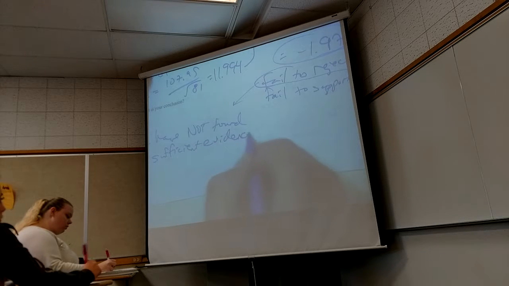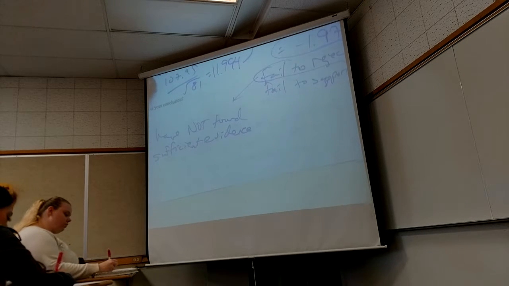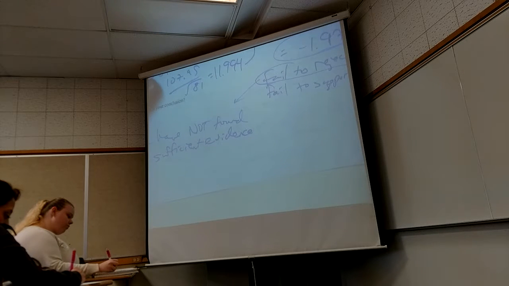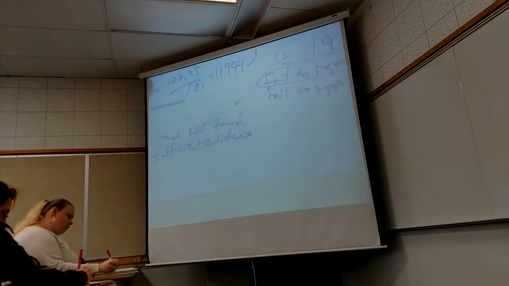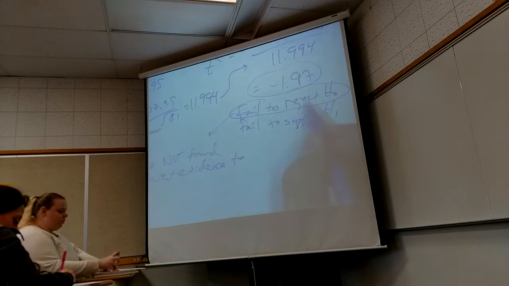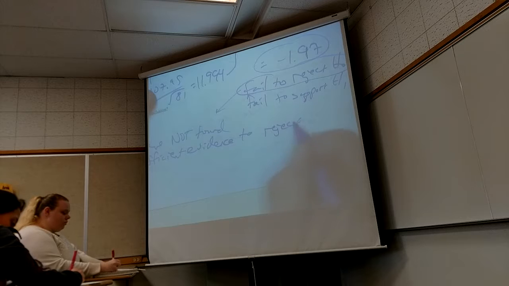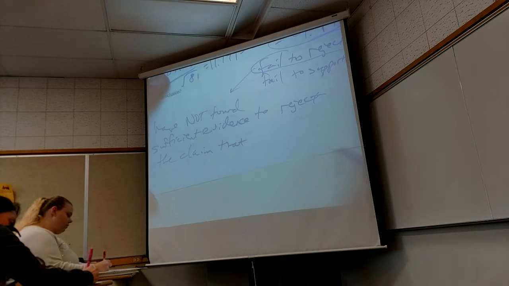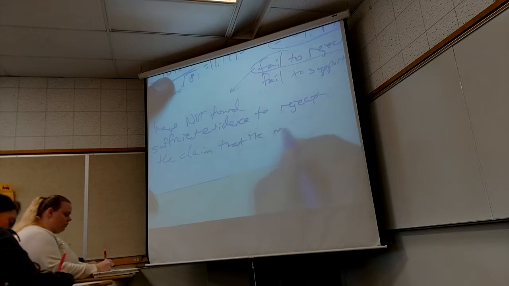If you say we have found insufficient evidence, I'm okay with that. I'm not going to take points off, but technically we have not found sufficient evidence to reject the claim.